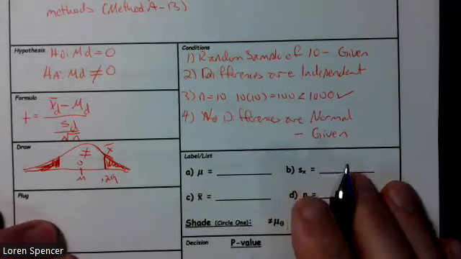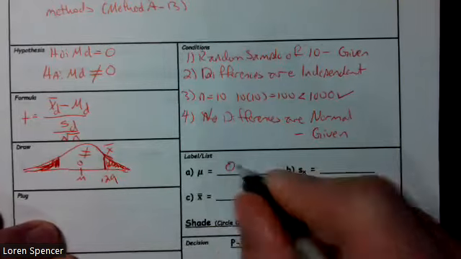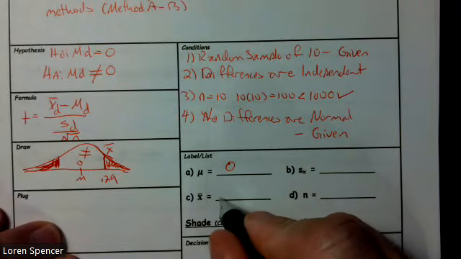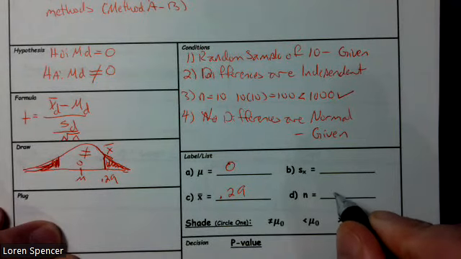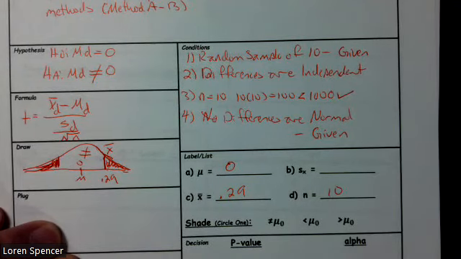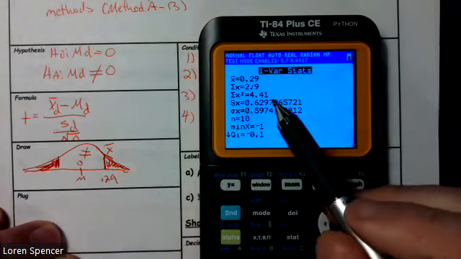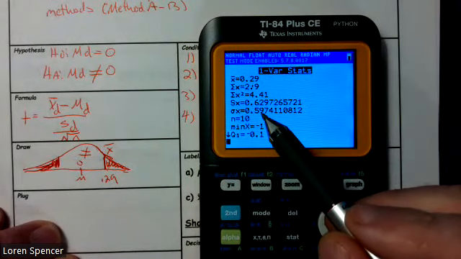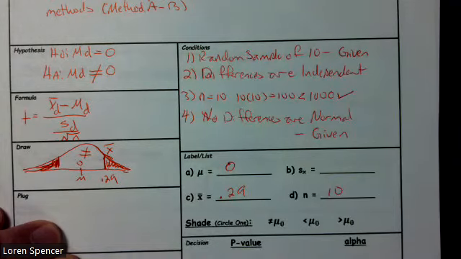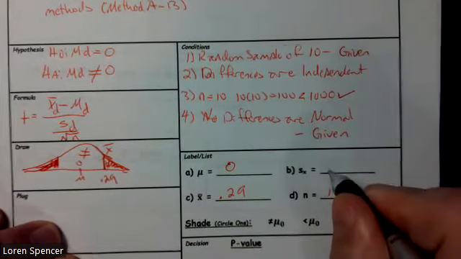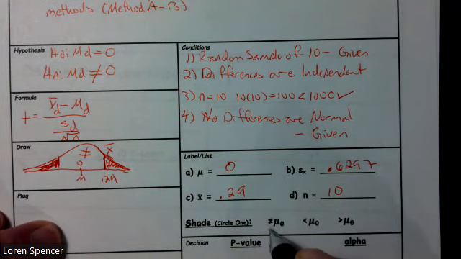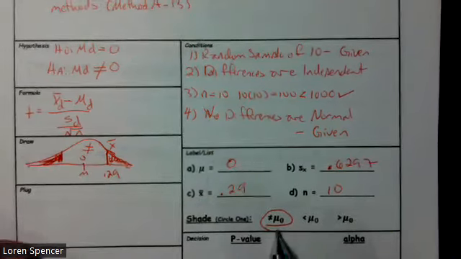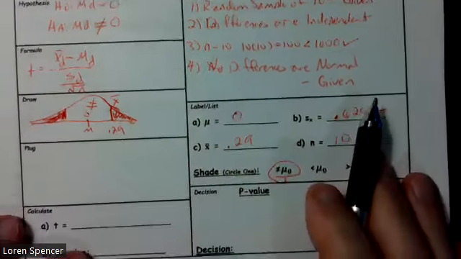So our mean, we're plugging in, we have 0. We just calculated a 0.29. And we have an N, a sample size of 10. And I looked, and I have a standard deviation of 0.6297. I'm making sure that I run the test with that.